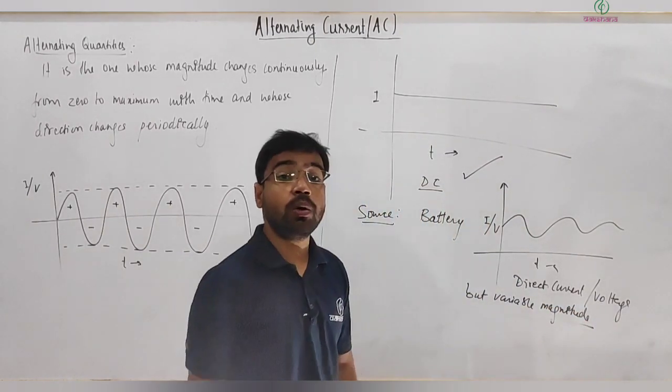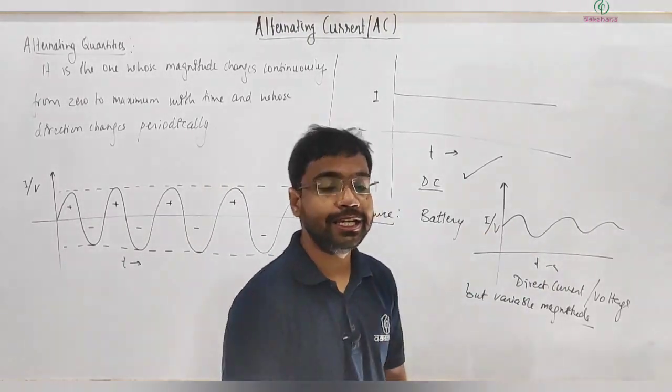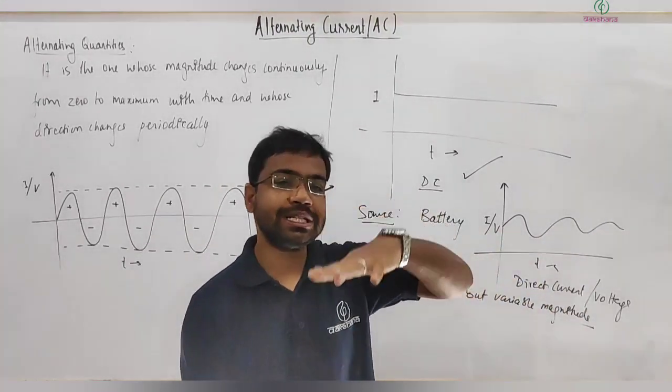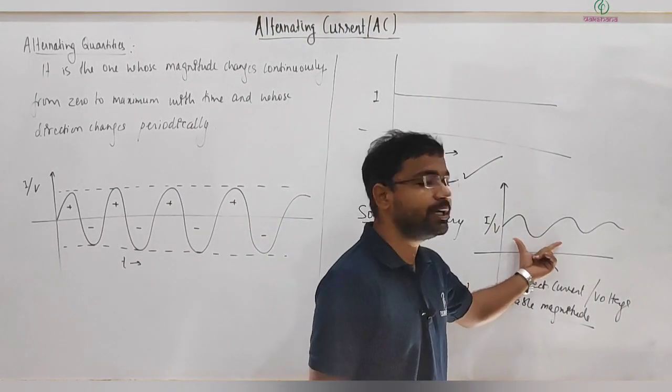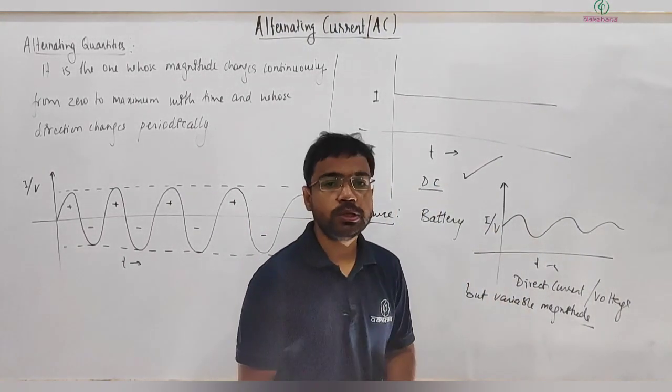If we look at how we can get it, we can get this by superimposing DC over AC. The point is this is also a direct source.